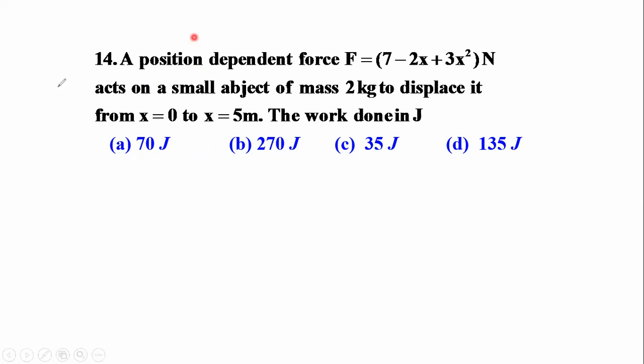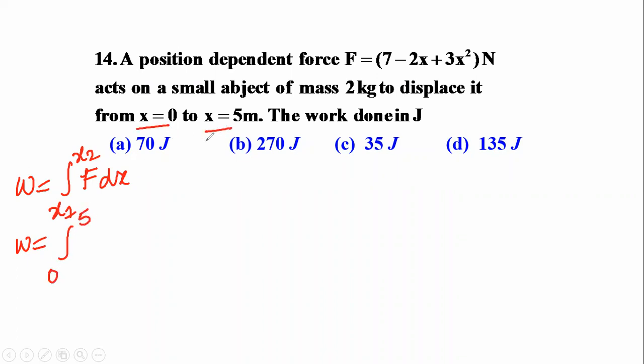So work done by the variable force. Work done by the variable force W is equal to integral x1 to x2 f dx. So work done W is equal to integral 0 to 5, x1 is 0, x2 is equal to 5, of f, where F is equal to 7 minus 2x plus 3x square, into dx.